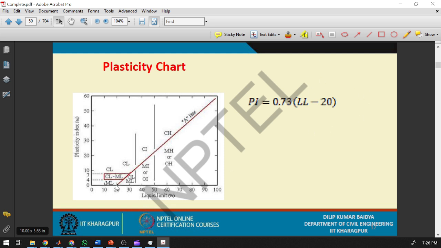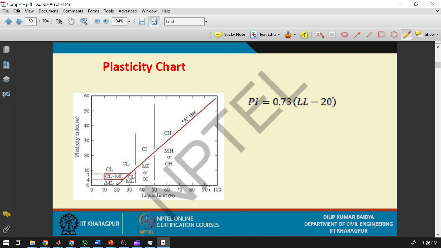You can have this equation, and then you check against your soil where the point lies on the plasticity chart. If it is above the A line, then it is a clayey soil.